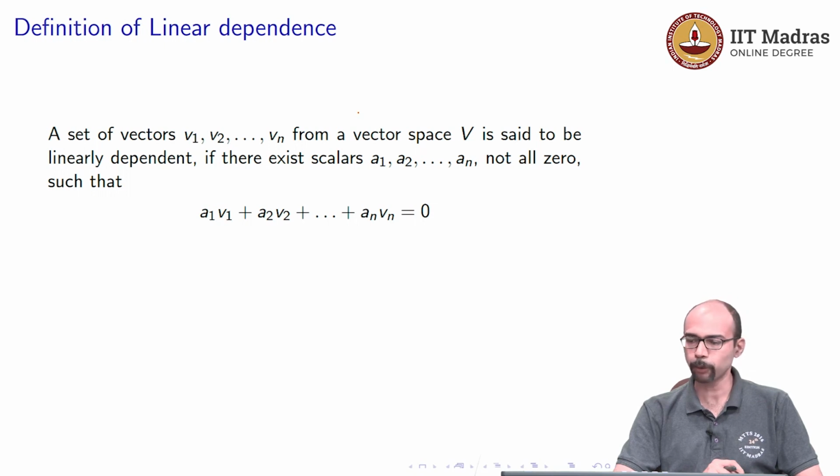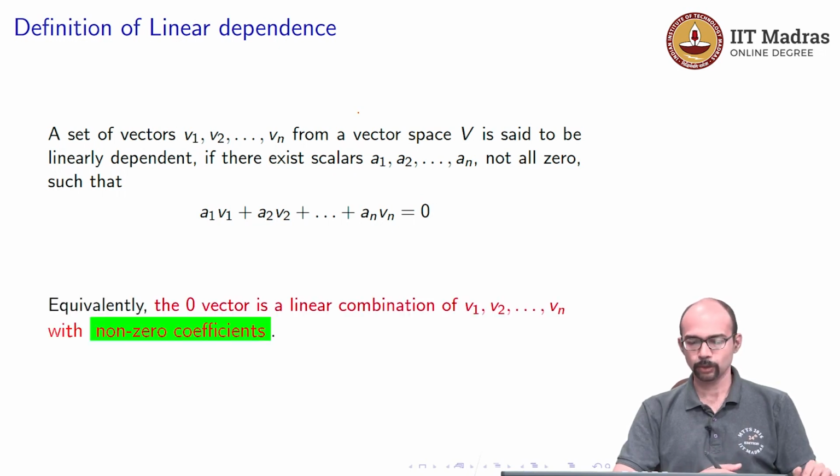The key point here is that these a1, a2, ..., an are not all 0. So there is a way of writing 0 as a linear combination where at least some of the coefficients are not 0. The equivalent way of saying this is that the 0 vector is a linear combination of v1, v2, ..., vn with non-zero coefficients.